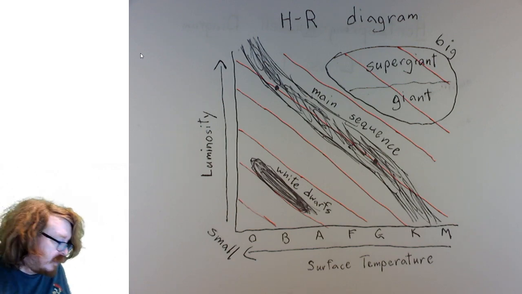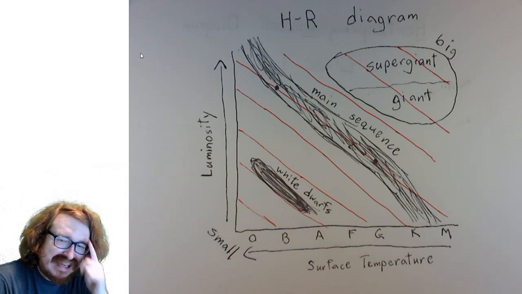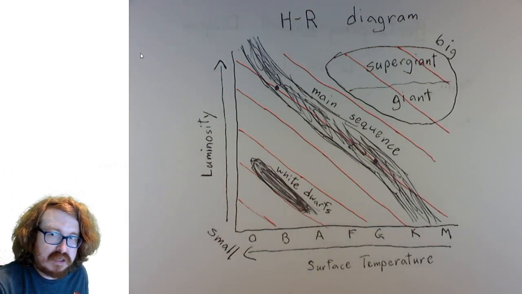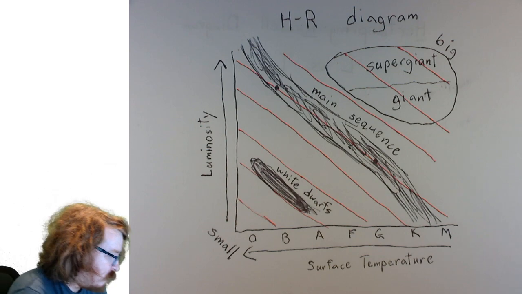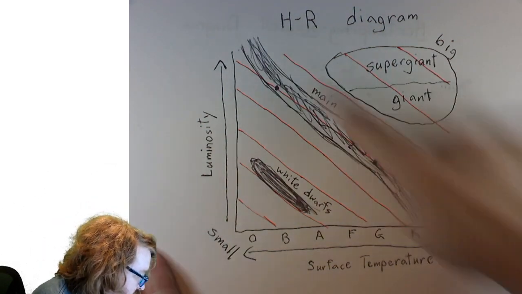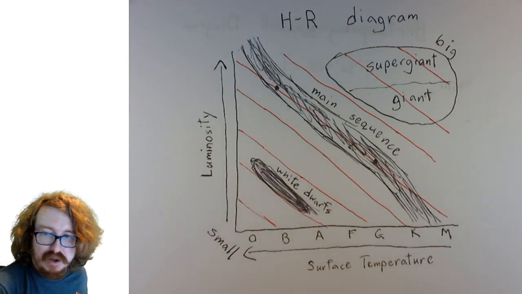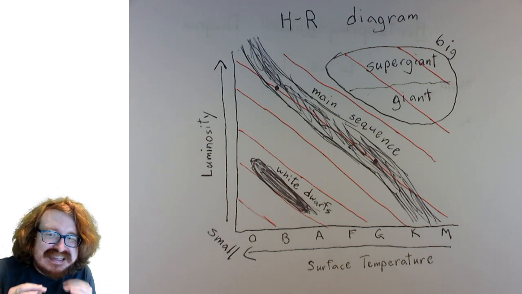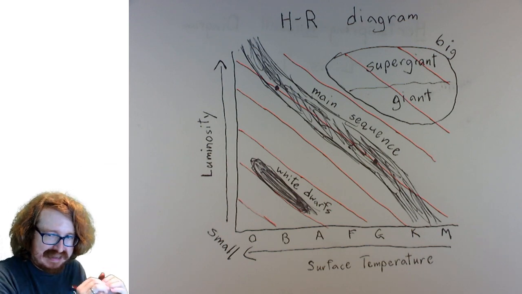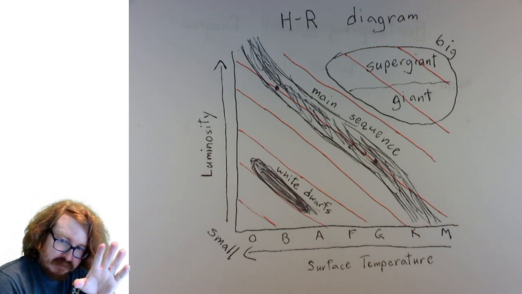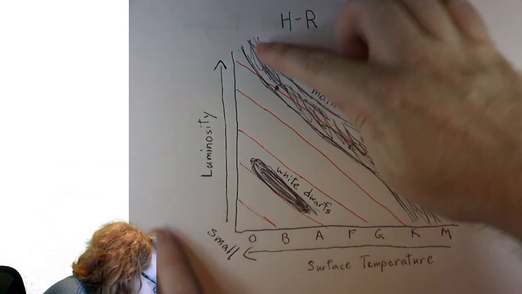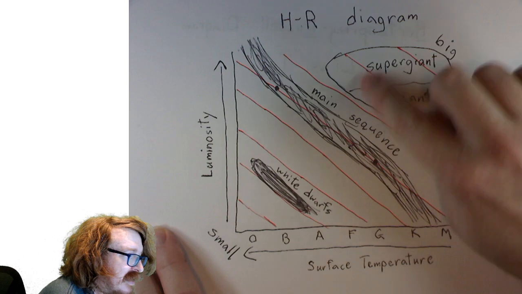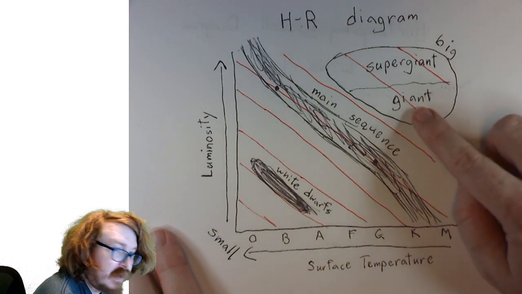But check this out. Later on, we're going to find out that these different regions of the graph are actually different stages of a star's life. Okay? The main sequence is the main part of the star's life. We know it lasts the longest because 90% of stars are in that stage. And then, as you'll see in later videos, after a star starts to die, it very briefly goes through a stage of its life where it's really big.